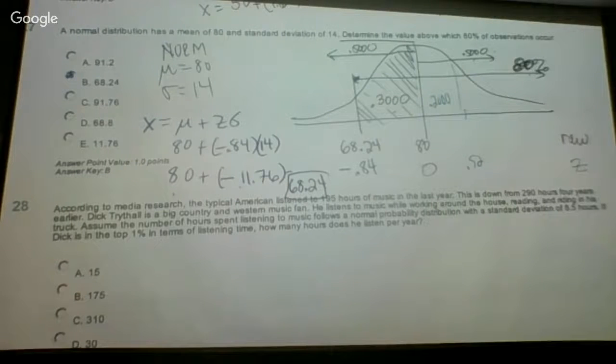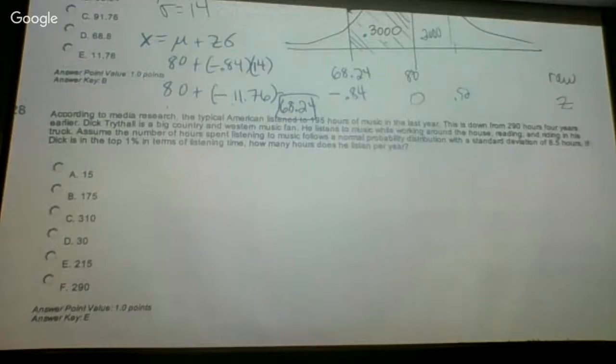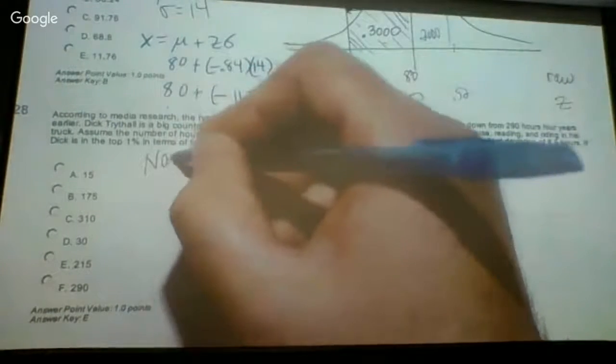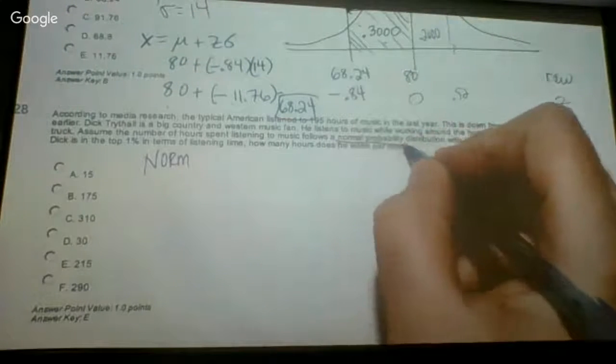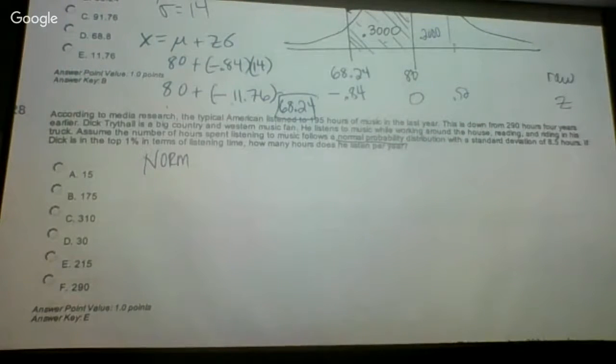If Dick is in the top 1% in terms of listening time, how many hours does he listen per year? This is another case where we have to find a raw score. What pieces of information are useful here? It's a normal distribution because it says it follows a normal probability distribution. What do I want to use for the mean in this case?